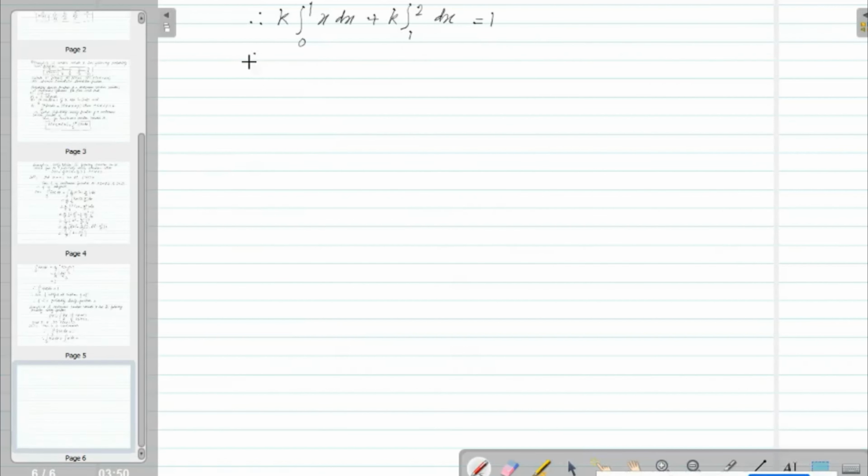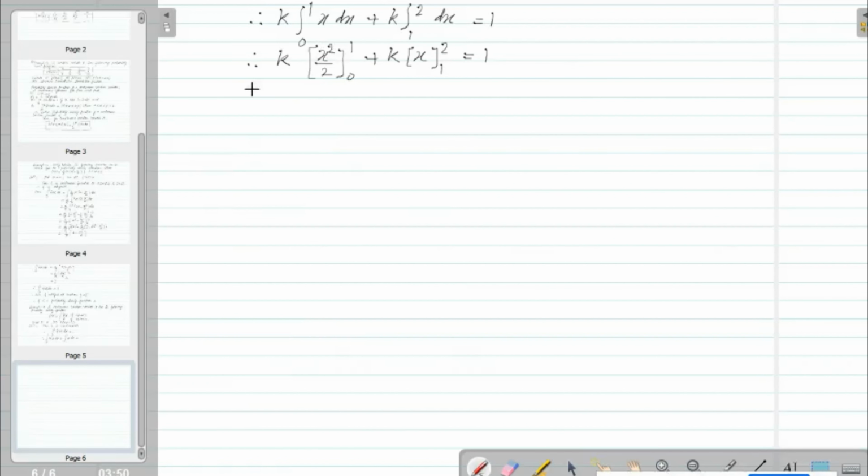Now integrate this. What is the integration of x? That is x square by 2, with limit 0 to 1, plus k. What is the integration of 1? That is x, with limit 1 to 2, and this is equal to 1.